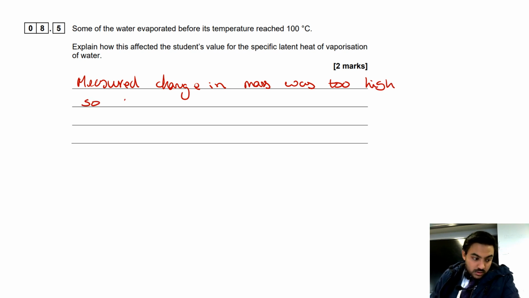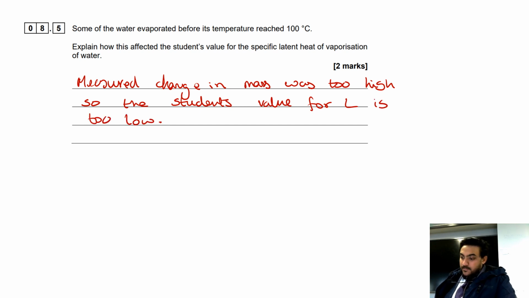So the student's value for L is too low. What a question. It asks you about latent heat of vaporization in every way possible. Next one.